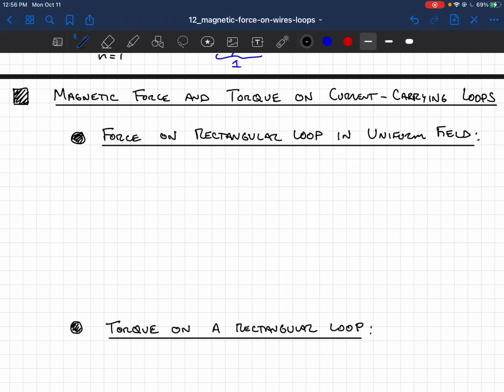So if we take a rectangular loop, then that's going to look like this, where we have a length and a width, and we'll assume that there's a current flowing clockwise in that loop. So what is the force on that rectangular loop? Well, it's just the net force on those straight wires.